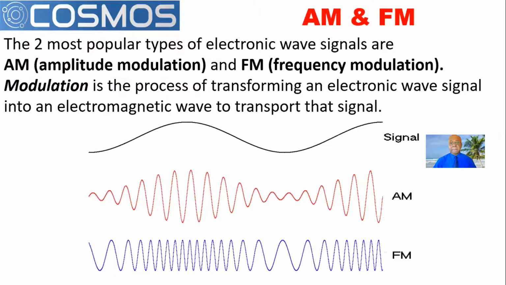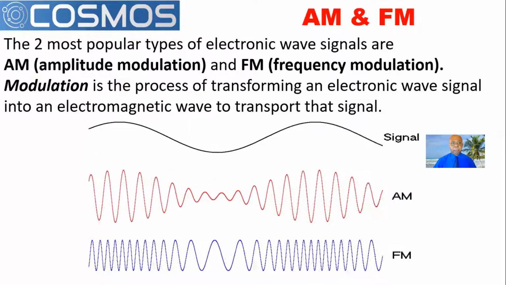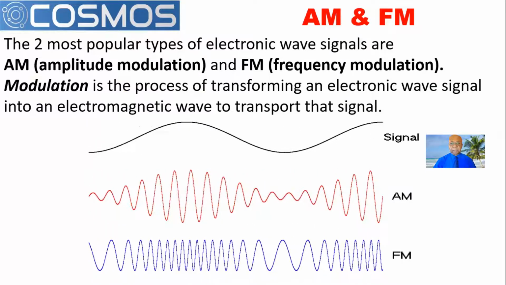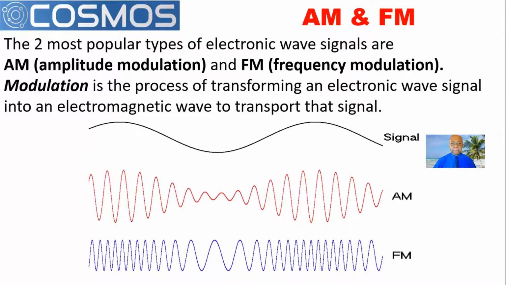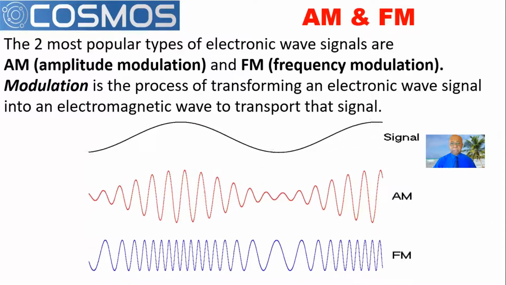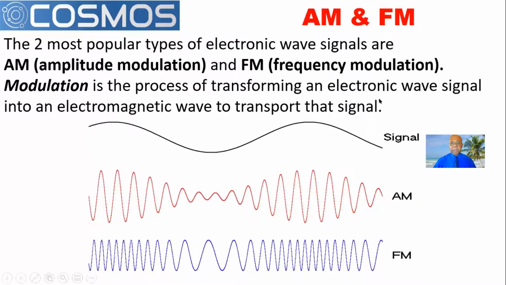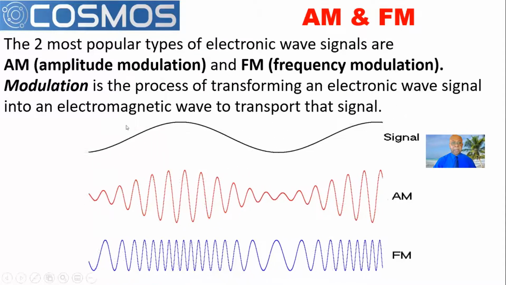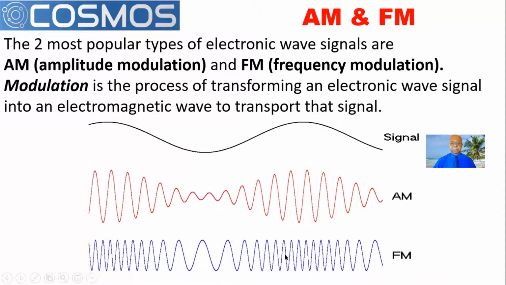Now, AM and FM. The 2 most popular types of electronic wave signals are amplitude modulation, which is AM, and frequency modulation, which is FM. Modulation is the process of transforming an electronic wave signal into an electromagnetic wave to transport that signal.